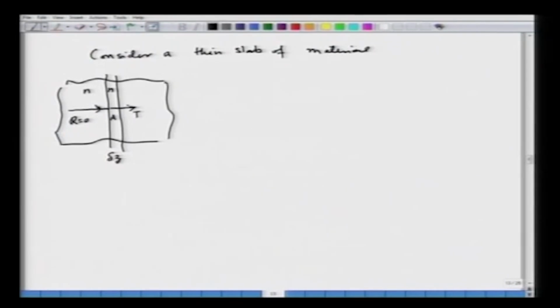So, from electromagnetic theory, we already know that I is going to be proportional to the magnitude of E square, and from experiments we know that the light intensity that we measure is related to the absorption coefficient alpha. It is important to realize that light as a subject of interest has been there for a much longer time than the Maxwell equations.